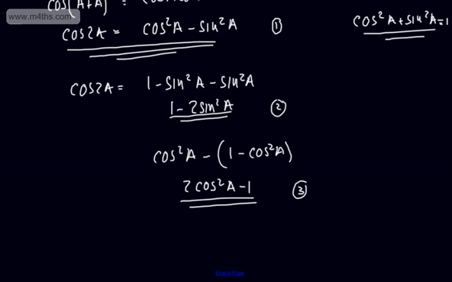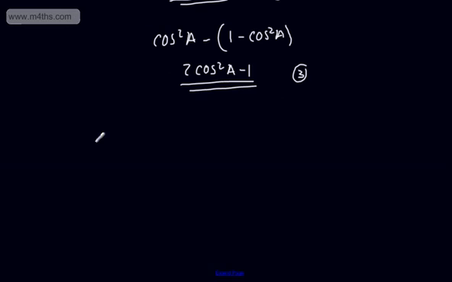When I said sometimes it was easier to switch into sine or cosine, we can have a quick look at that. Say for example I had an equation to solve: cos 2a minus sine a equal to 1, where a is between 0 and 360 degrees.